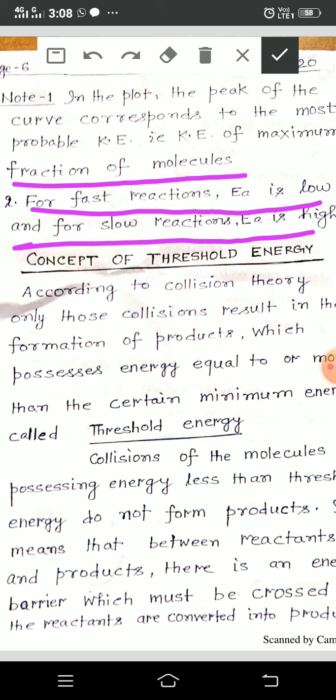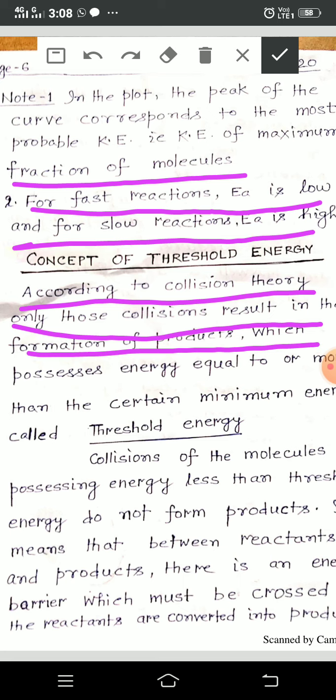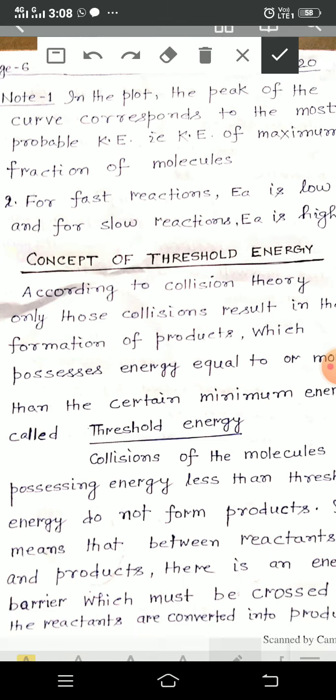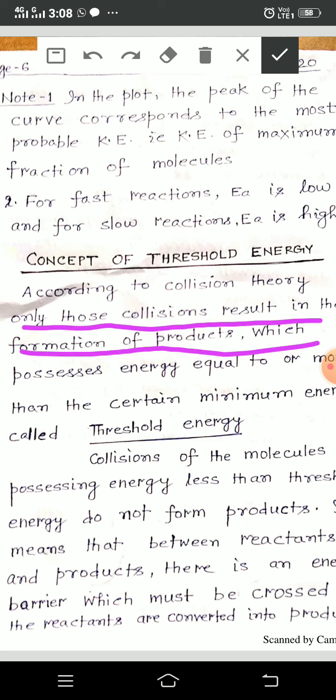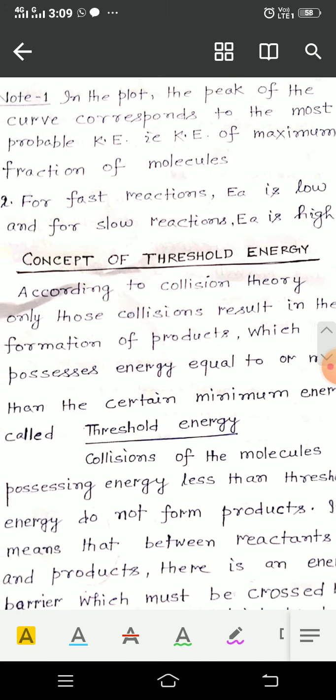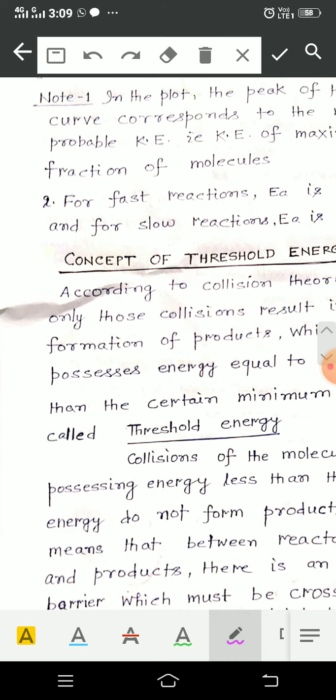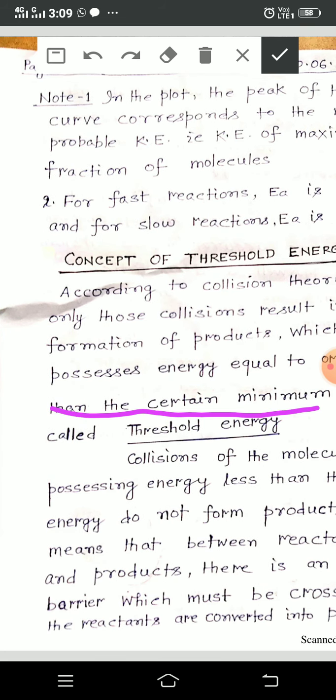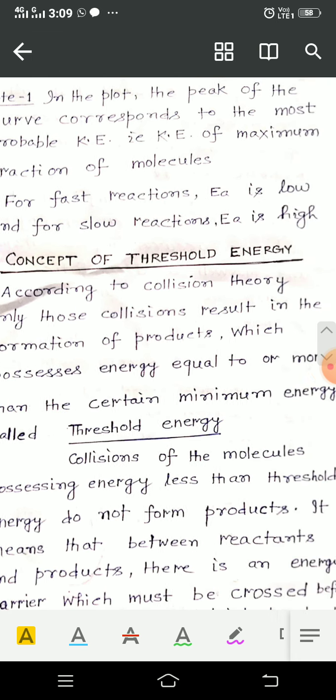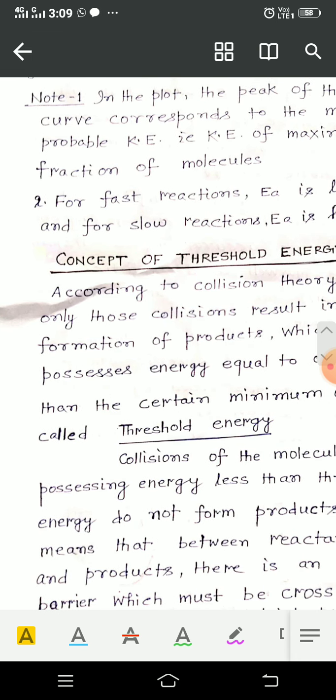Concept of threshold energy, very important. According to collision theory, only those collisions result in the formation of products which possess energy equal to or more than a certain minimum energy called threshold energy.